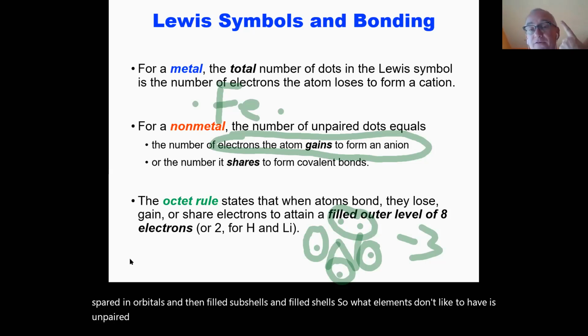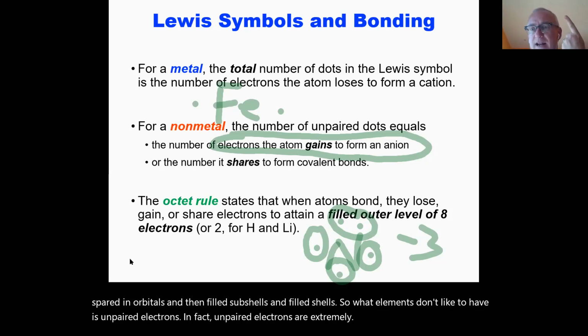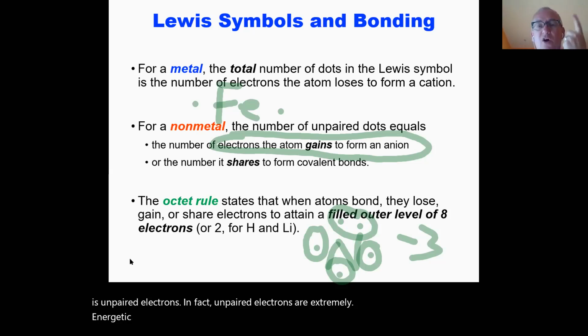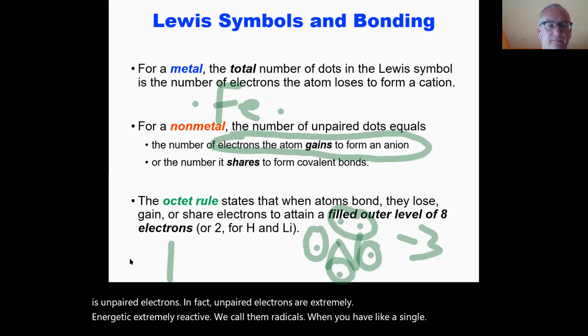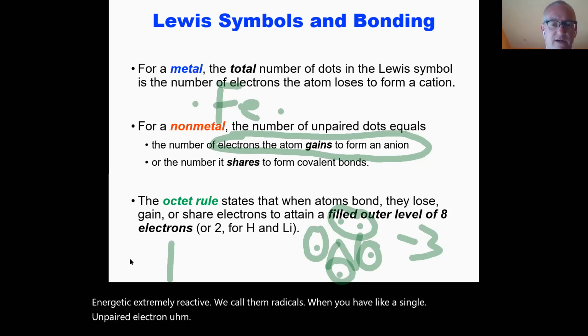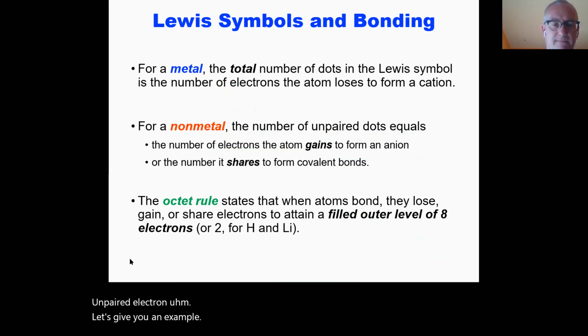In fact, unpaired electrons are extremely energetic, extremely reactive. We call them radicals. When you have a single unpaired electron, let me give you an example. You all know what peroxide is, right?